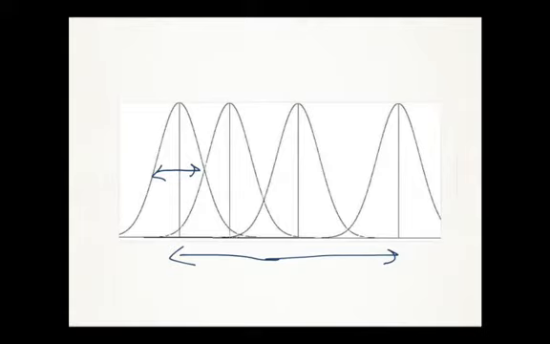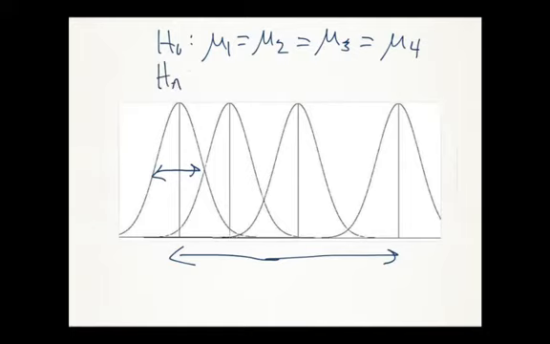So here the between group variability is much greater than the within group variability, and we would likely reject the null. Remember that the null is that mean 1 equals mean 2 equals mean 3 equals mean 4. So in this case, we would probably reject the null in favor of the alternative, and we would conclude that at least one of the means is different.